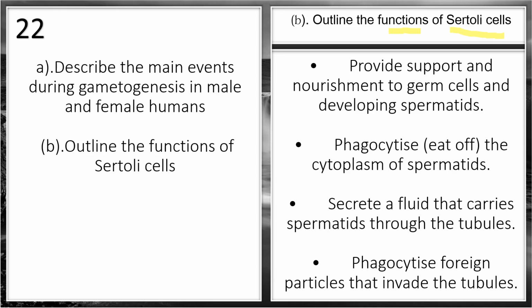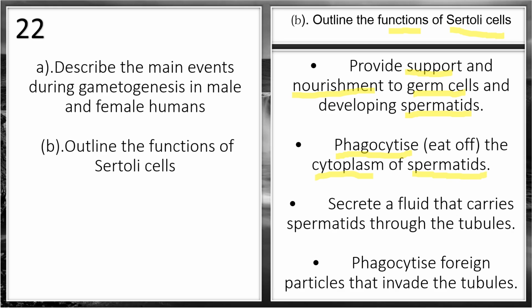The Sertoli cells provide support and nourishment to germ cells and the developing spermatids. Secondly, they are phagocytic, they eat off the cytoplasm of the spermatids.